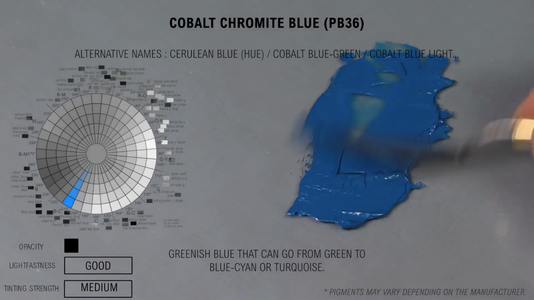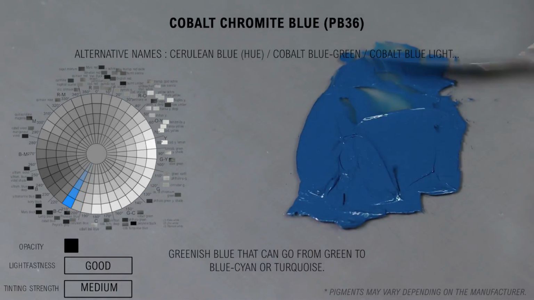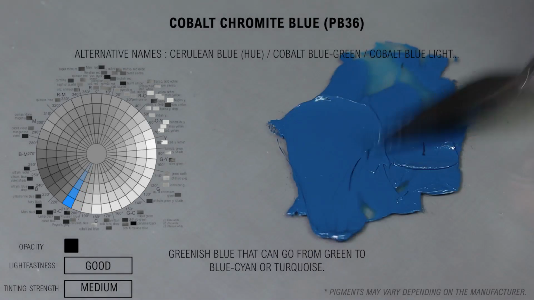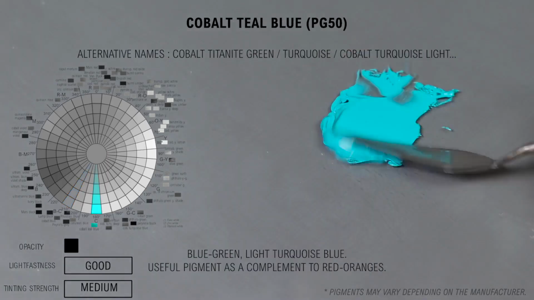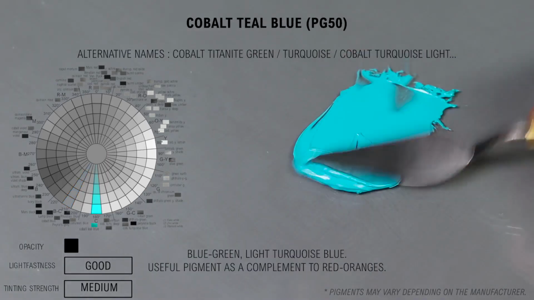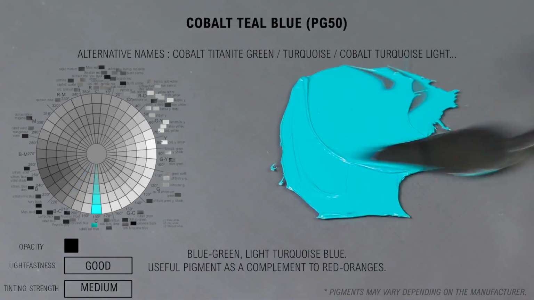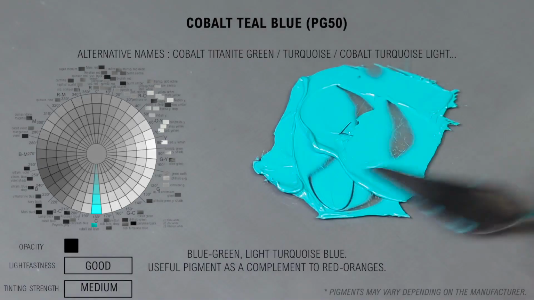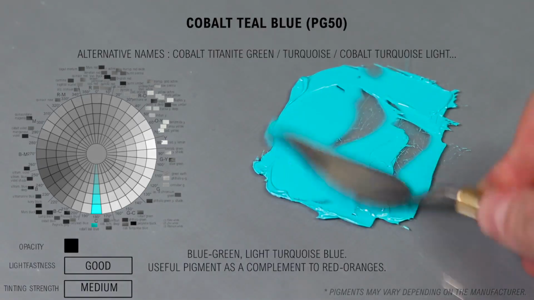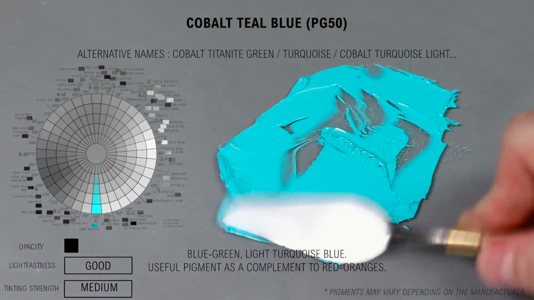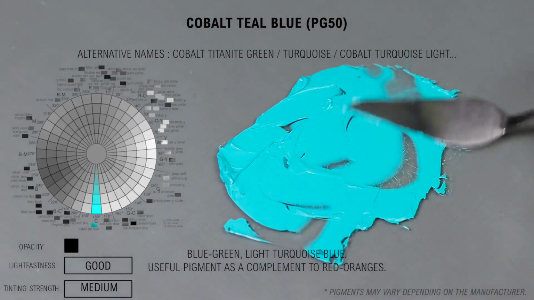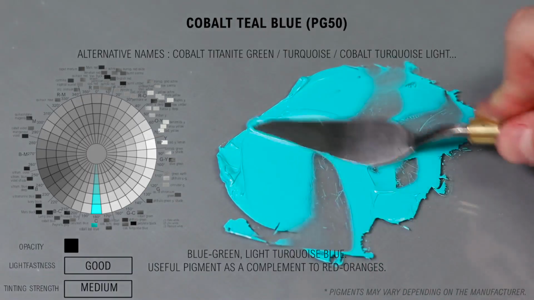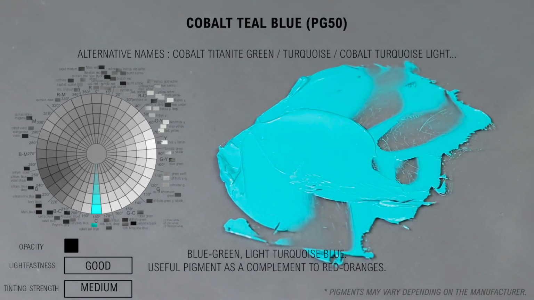Cobalt chromite blue is a greenish blue that can go from green to blue cyan or turquoise. Cobalt teal blue is a blue-green ranging from yellowish to cyan turquoise blue. It's a very useful pigment as a complementary to red and orange. It's a very opaque and light pigment that's quite useful for mixtures.